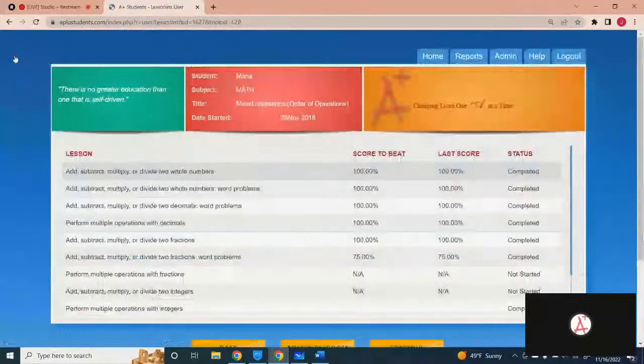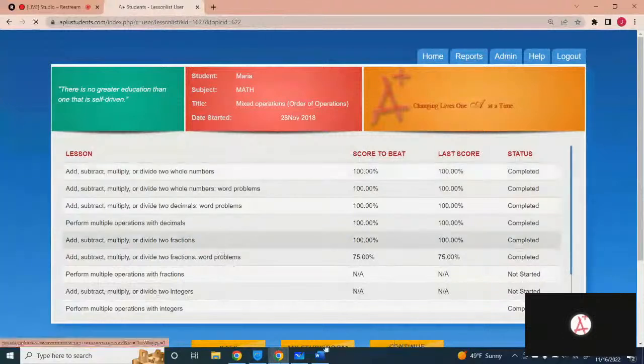Okay, the next one is add, subtract, multiply, or divide two fractions. Let's start with the next topic.